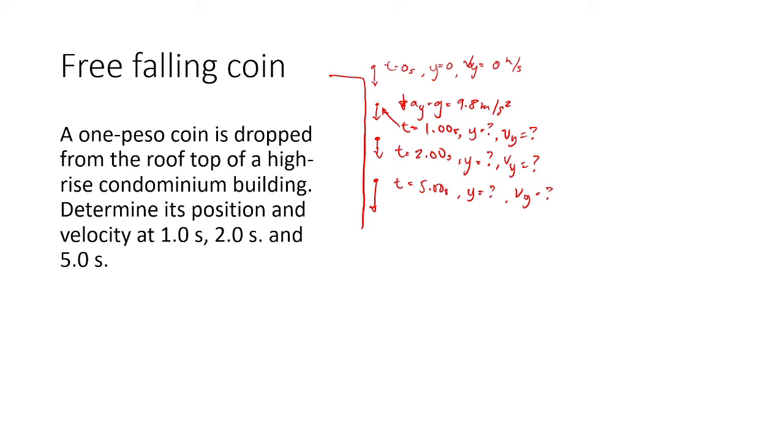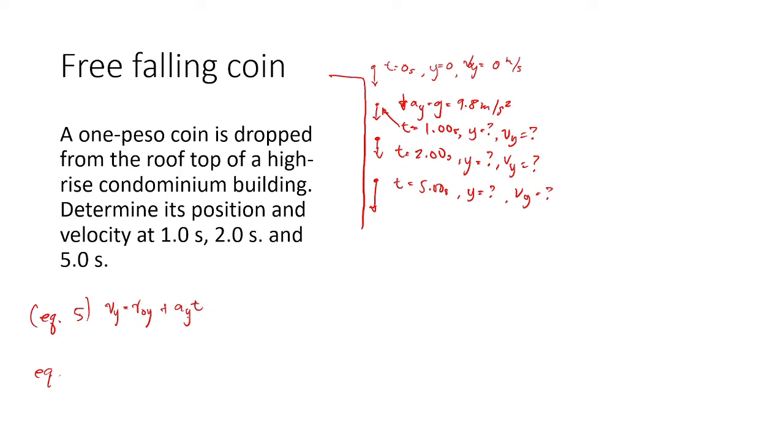And for this one, since we are looking for velocity and y, we will use equations 5 and 9. So, equation 5, para dun sa ating velocity. Kung maalala nyo yung equation 5, our velocity will be equal to v naught y plus acceleration times time.